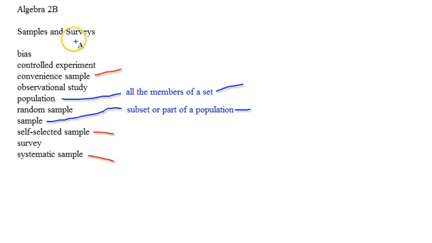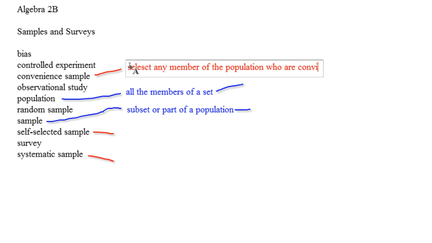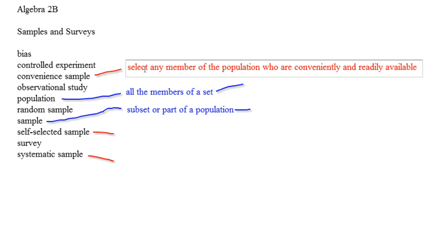So for a convenience sample, we select any member of the population who are conveniently and readily available.